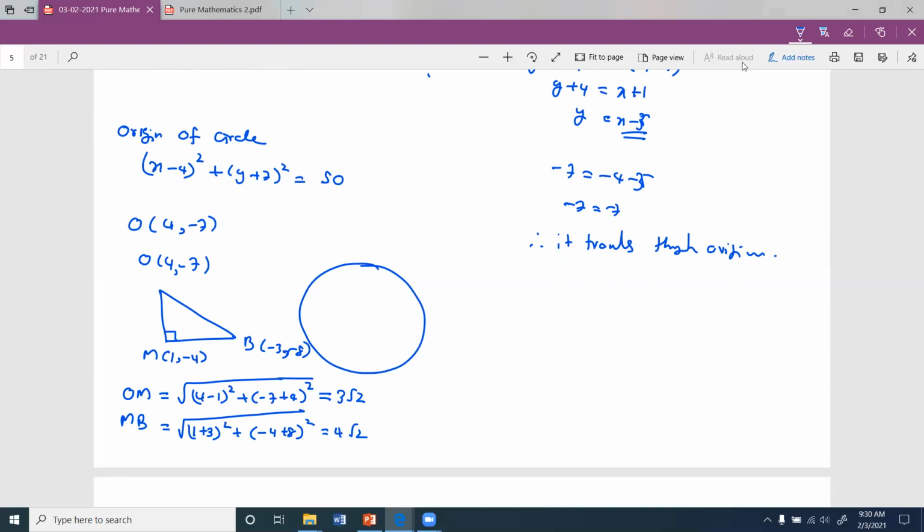Now the area of this triangle is half base times height: 3 root 2 into 4 root 2, that becomes 12. There are two such triangles, therefore the total area of AOB becomes twice this. It's 24. That would be the final answer for this kind of question. Okay.